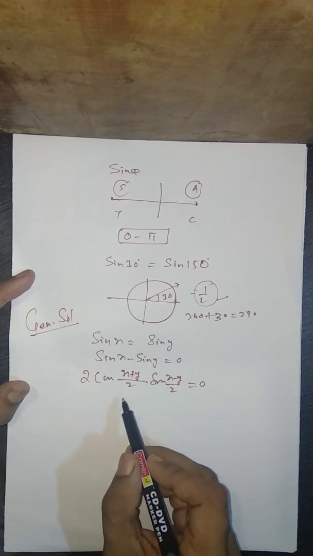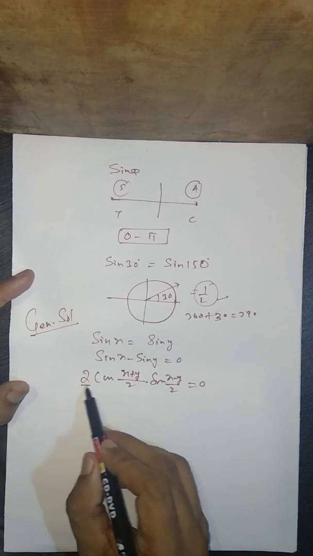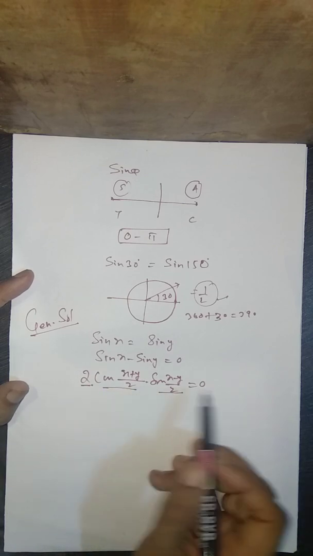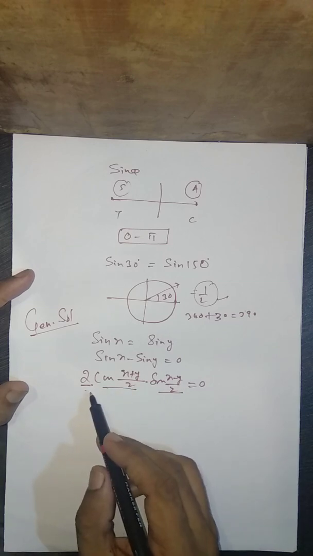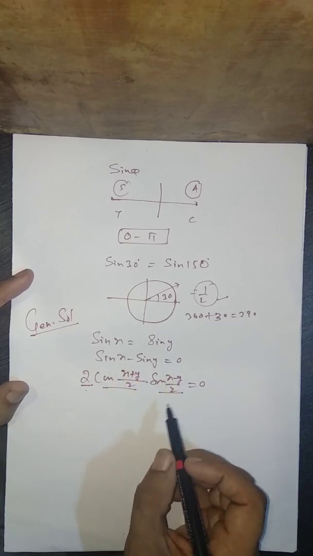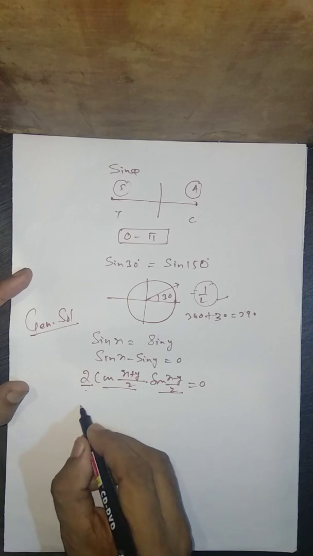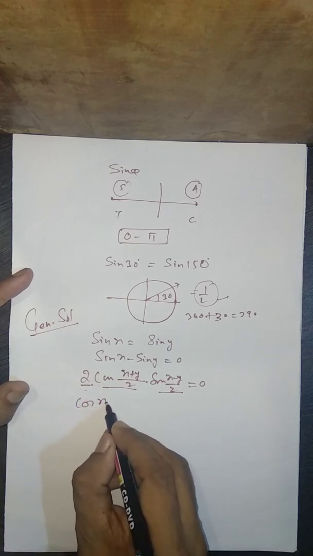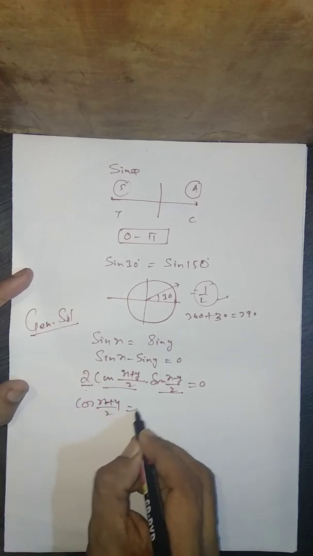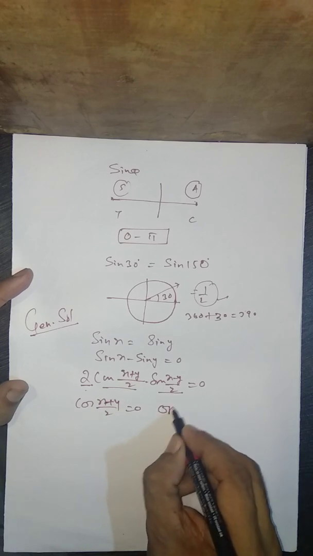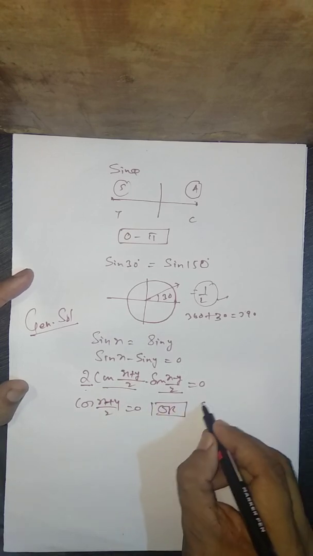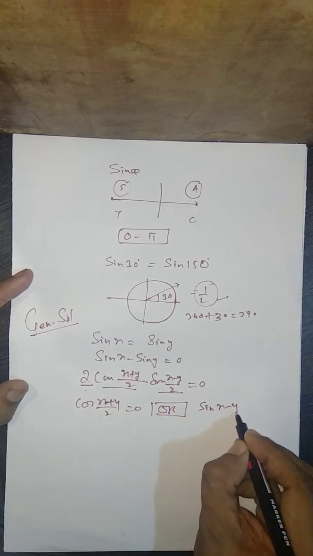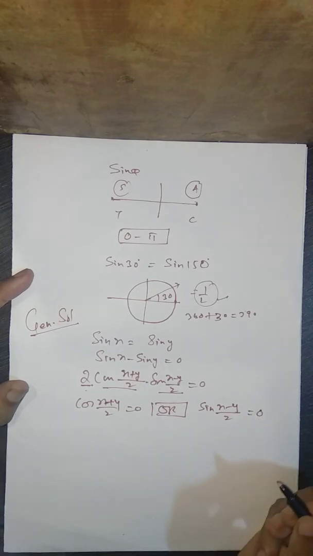Now we know that there are three factors, 1, 2 and 3, and their product is 0. 2 cannot be 0, so one of the other two has to be 0: either cos (x plus y) upon 2 has to be 0, or sine (x minus y) upon 2 has to be 0.